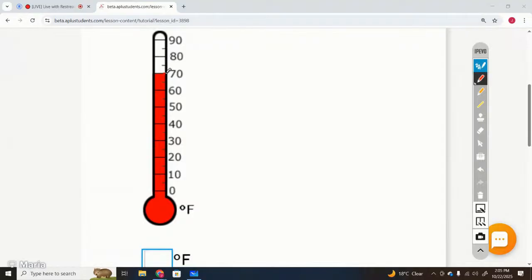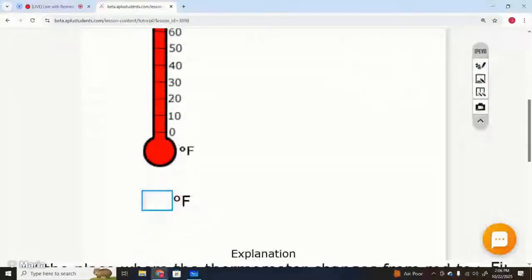You have to match this line with the number. So the line matches with 70 degrees. The unit we are using here is Fahrenheit. We have two units to measure temperature, Fahrenheit and Celsius, right? So that is 70 F.